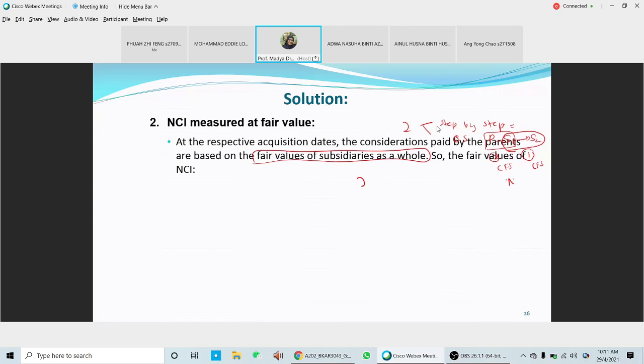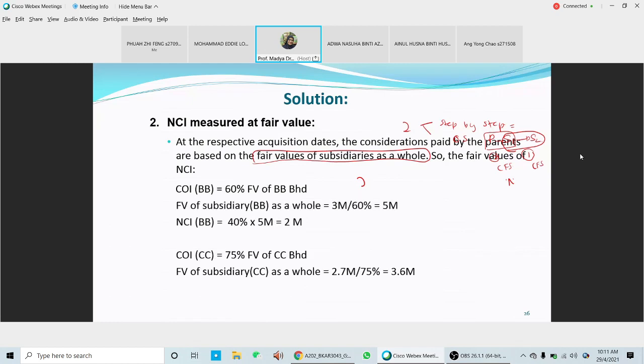You need to calculate the fair value of the subsidiary as a whole so that the fair value of the NCI can be calculated. We calculate this based on the consideration of investment by the parent, divided by the percentage held by the parent. The consideration by the parent here is 3 million, divided by 60% shares, so the fair value of company B as a whole is 5 million.